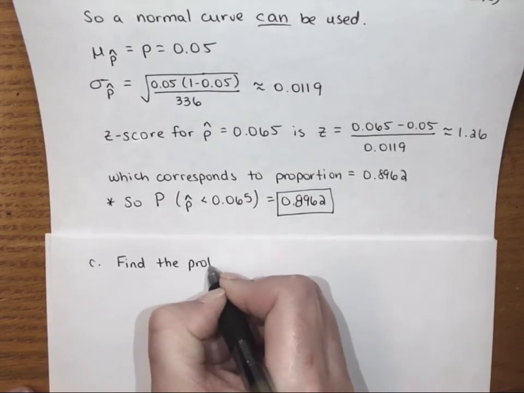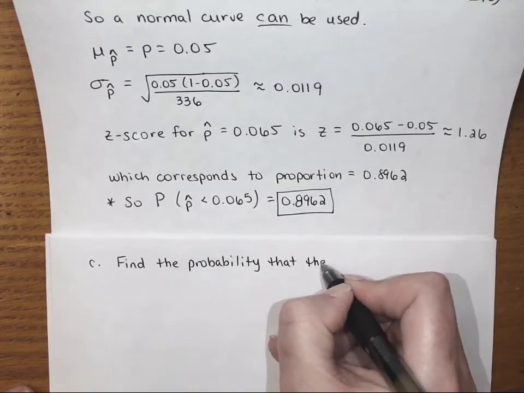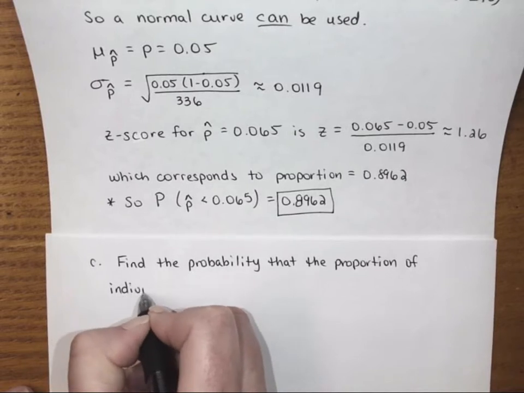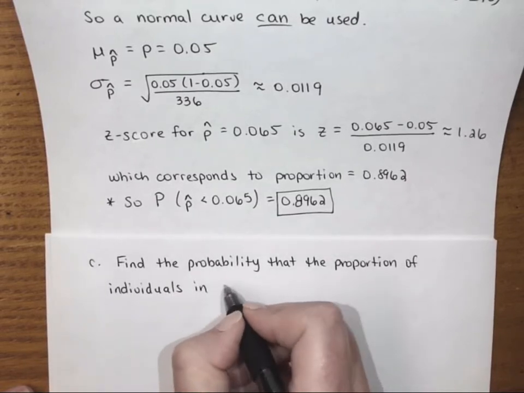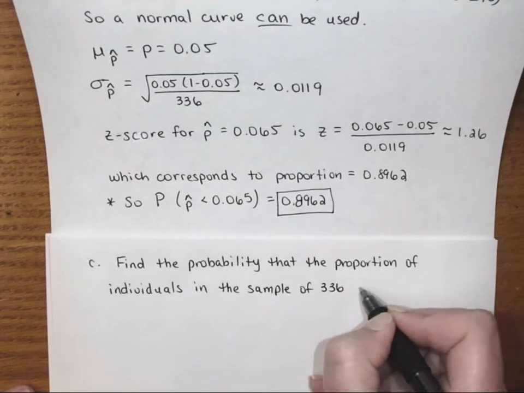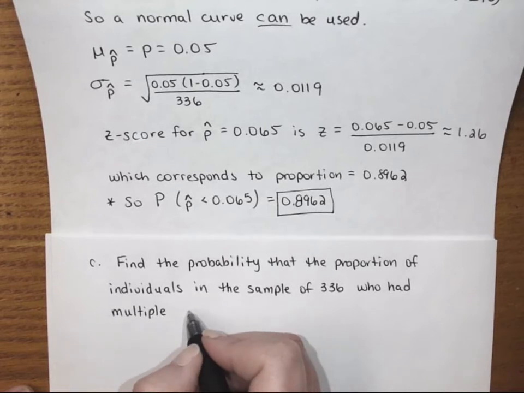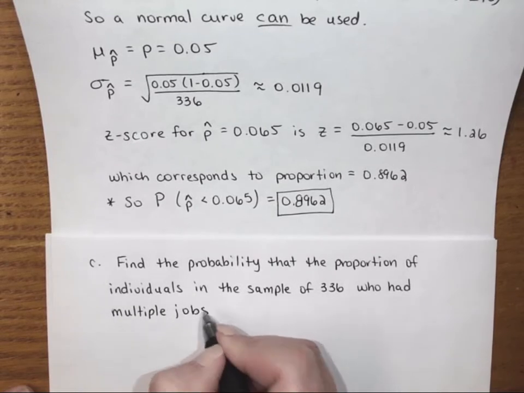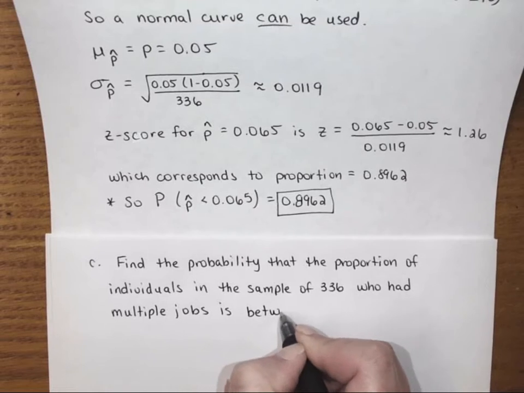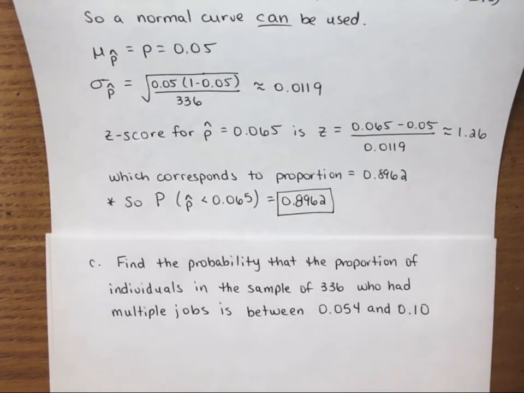What about find the probability that the proportion of individuals in the sample of 336 that we just used out of part B who had multiple jobs is something between 0.054 and 0.10.